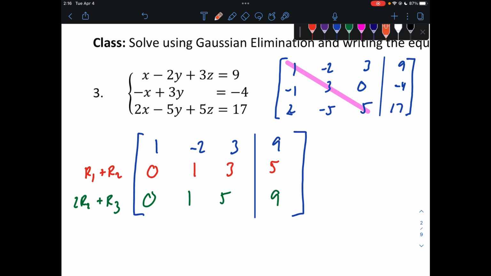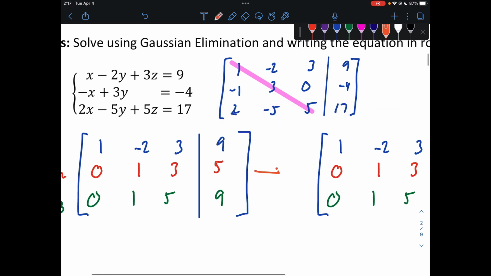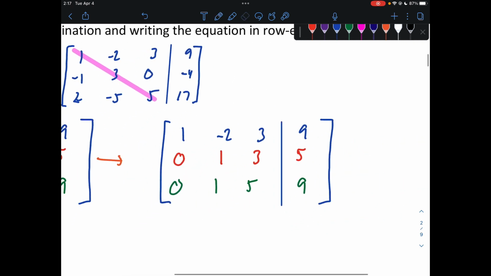Now we've gotten almost where we need to be. Our next step is to change this to a 0. Remember, we want everything below the diagonal to be a 0. So I'm going to cheat a little bit here and copy this whole matrix down, and get rid of this last row.